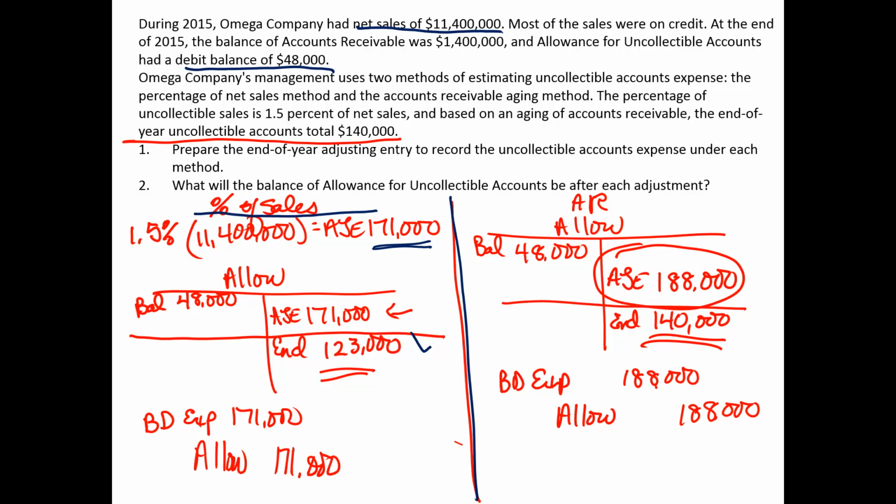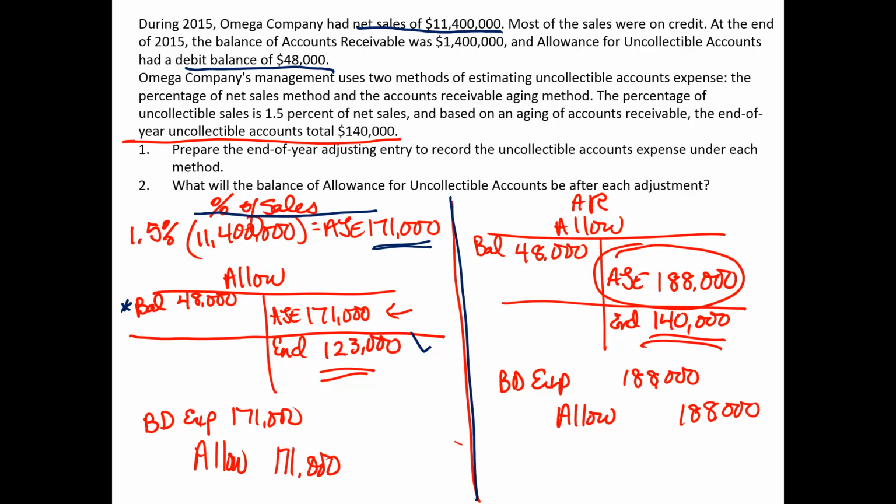Now, how could we have a balance in the allowance account that's a debit? Well, it simply means that we're not a very good estimator of our bad debts, and that during the year we wrote off more bad debts than we had previously estimated.